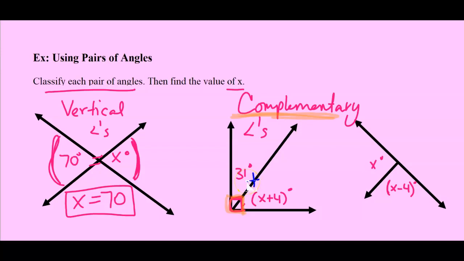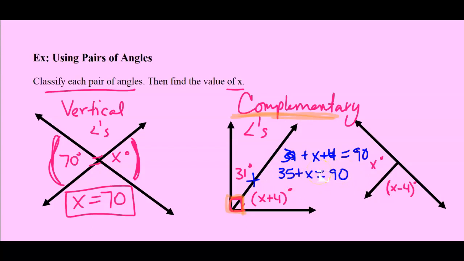So adding these two angles together, we have 31 plus x plus 4 equals 90 degrees. Combining like terms, we have 31 plus 4, that's 35, plus x equals 90.